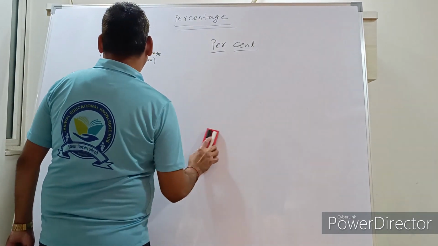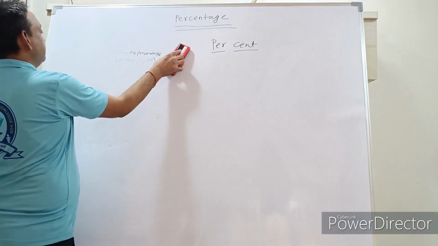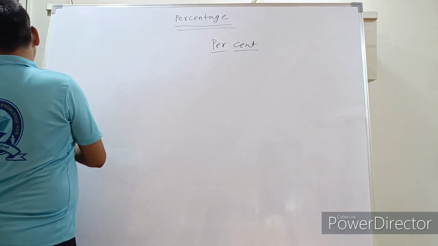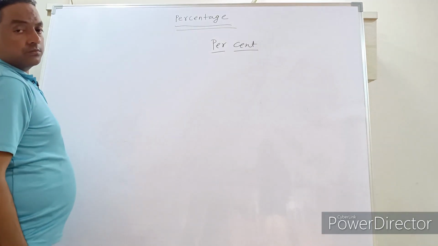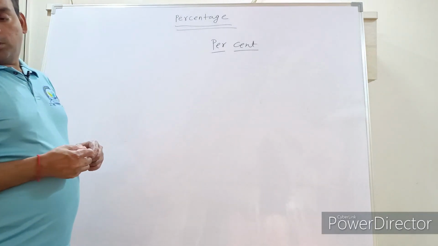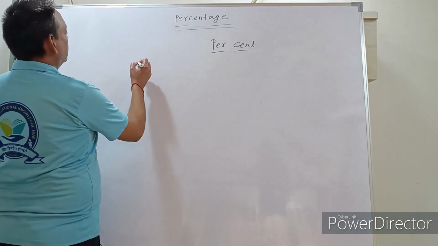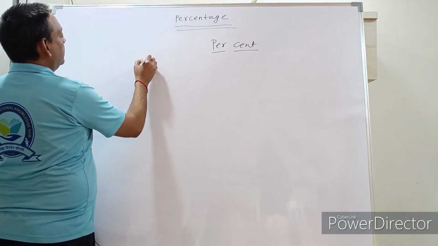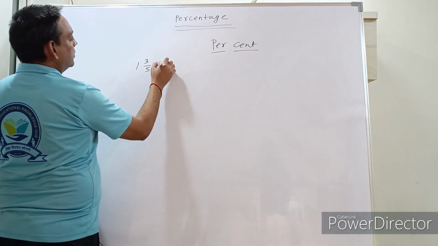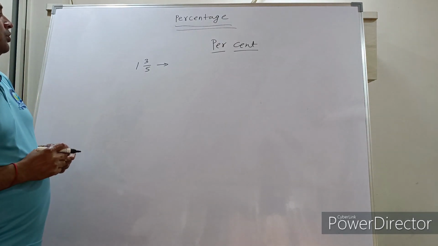So we'll do few sums based on this. Let's do one sum here, like 1 3/5, convert into percentage.